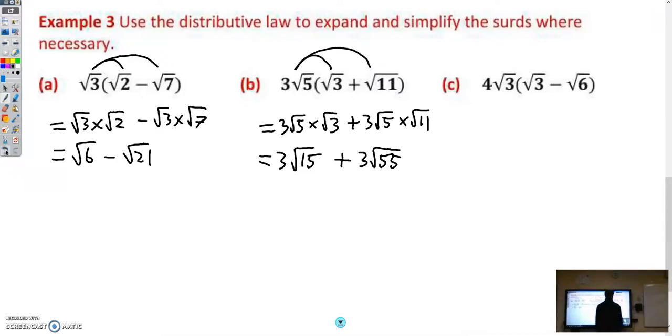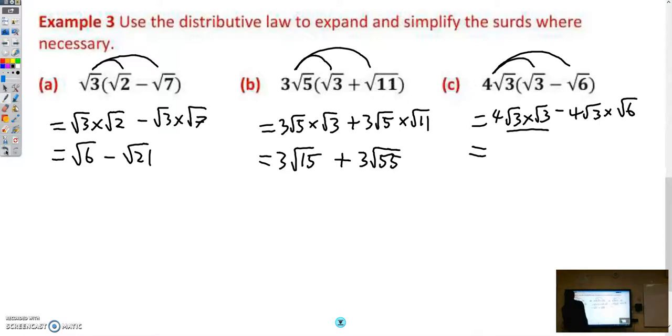Okay, moving on to C. We have 4 root 3 times root 3, then we have 4 root 3 times negative root 6. So take away 4 root 3 times root 6. Root 3 times root 3 is just going to be 3.